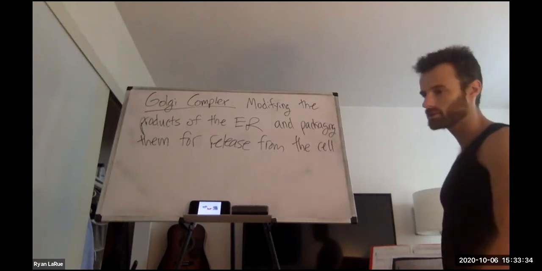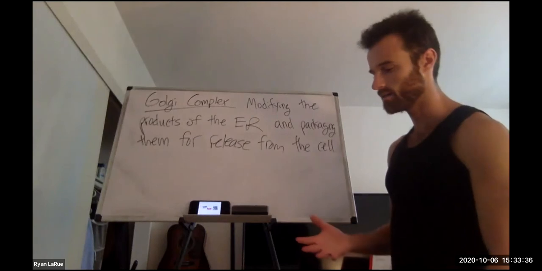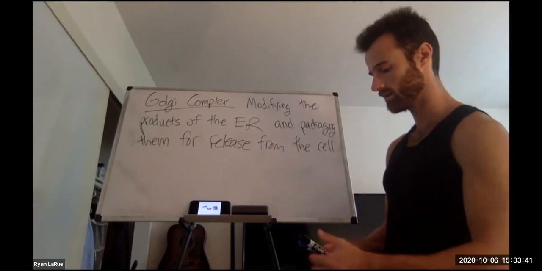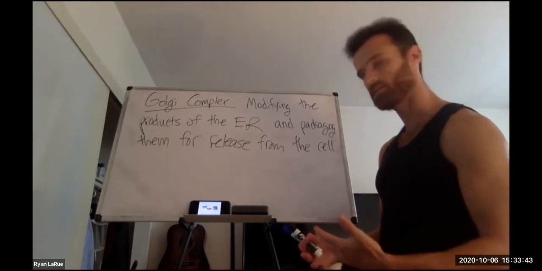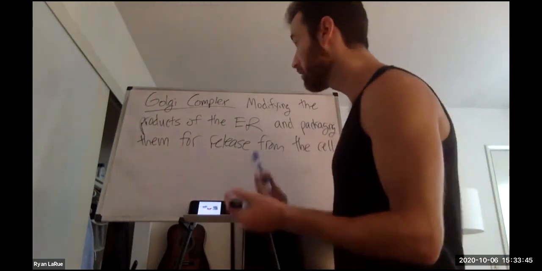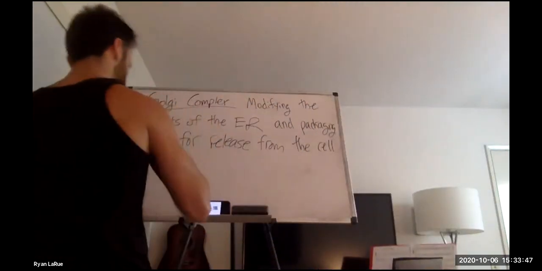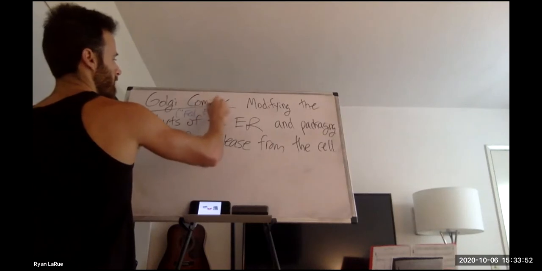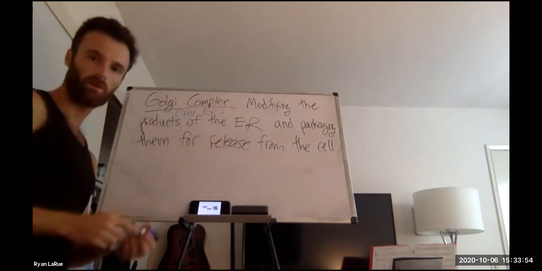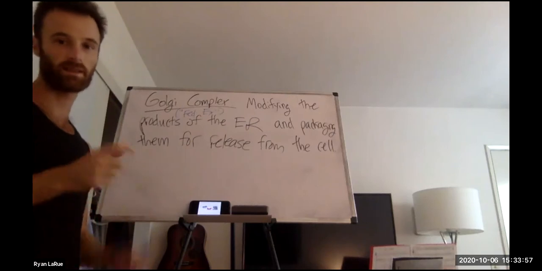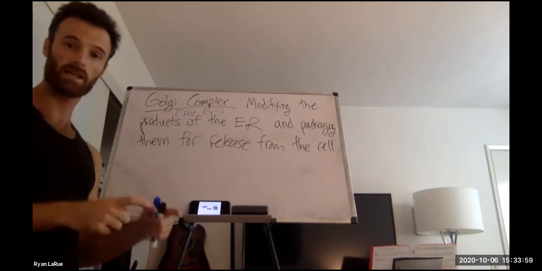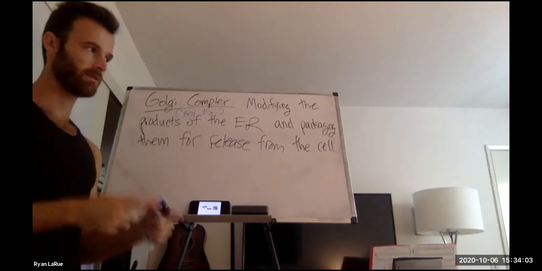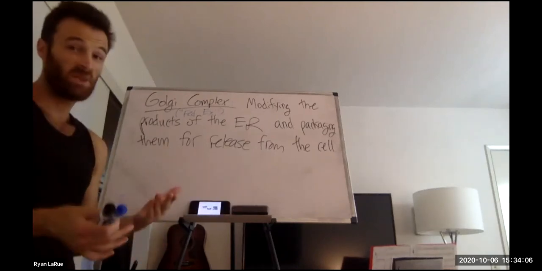They're often tagged with a sugar because, I love analogies and comparisons, the Golgi is kind of like the FedEx of the cell. If you want to send something somewhere, you've got to put an address, the sending address and the delivering address, so FedEx knows where to ship it.